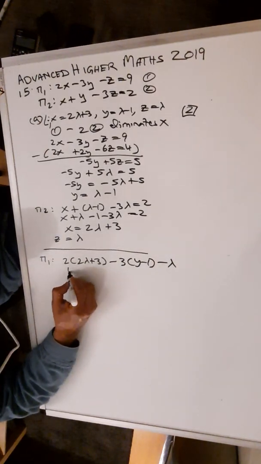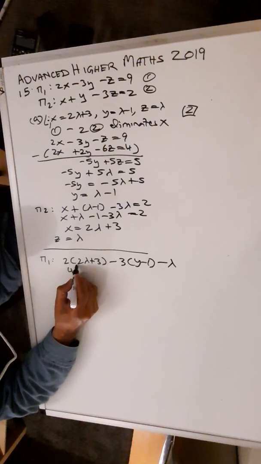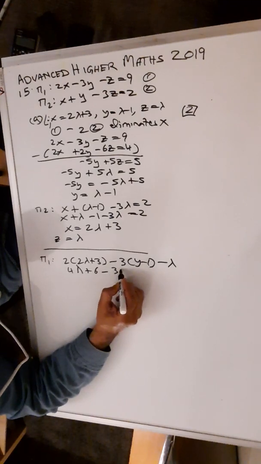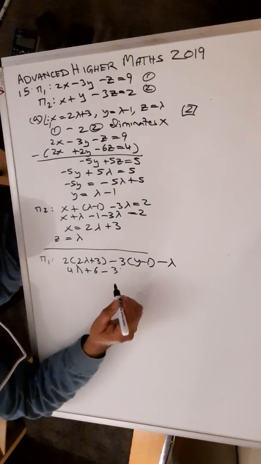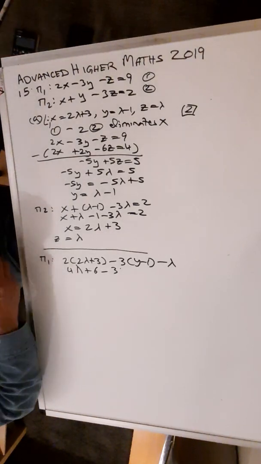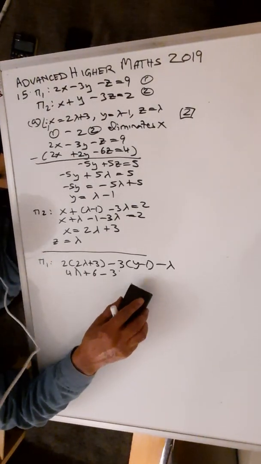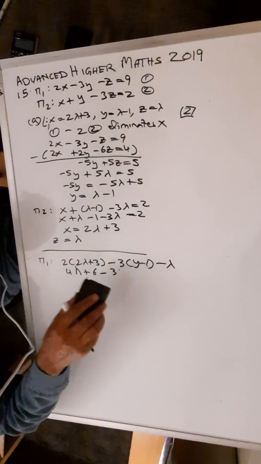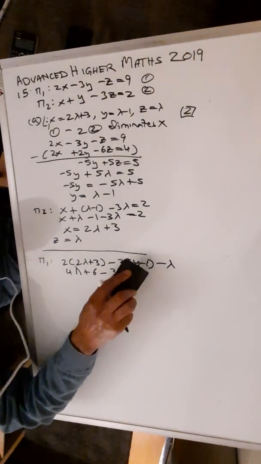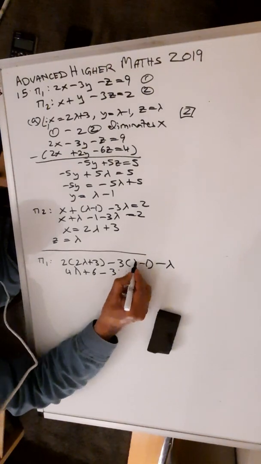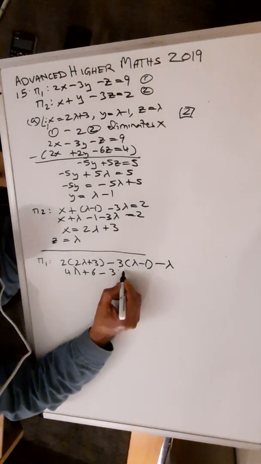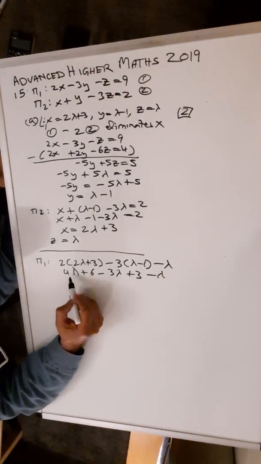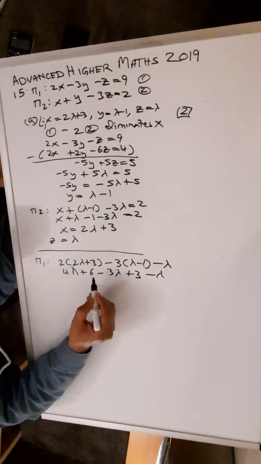You work this out, that gives you 4 lambda plus 6 minus 3 lambda plus 3 minus lambda. And if you got that out, you got 4 lambda minus 4 lambda, and you're left with just the 9.